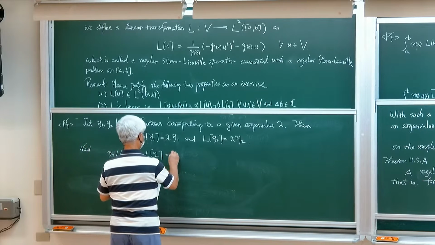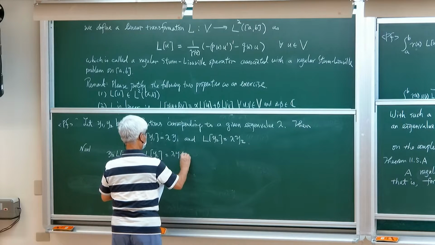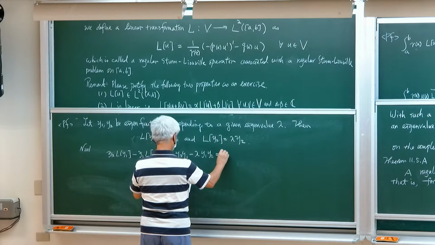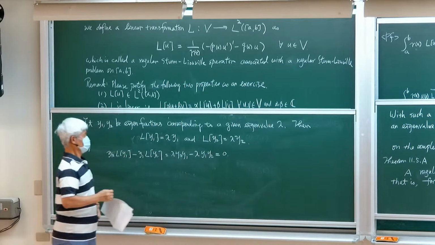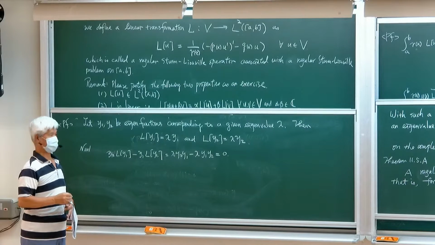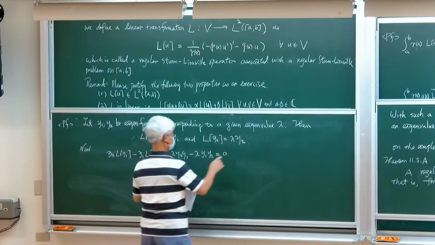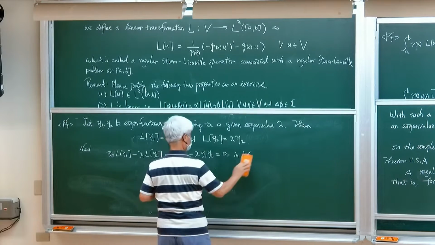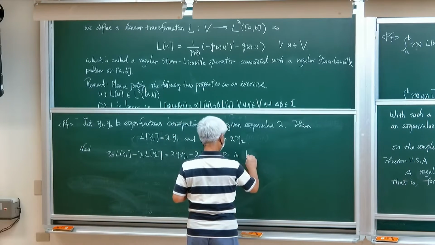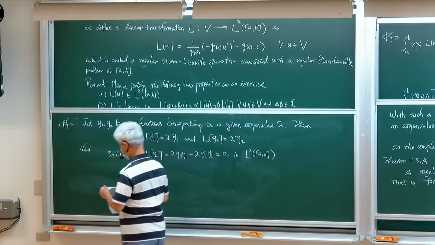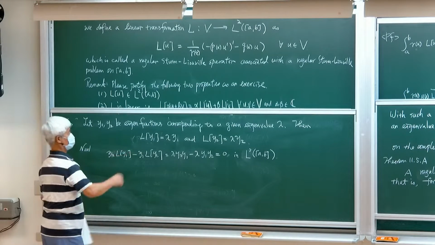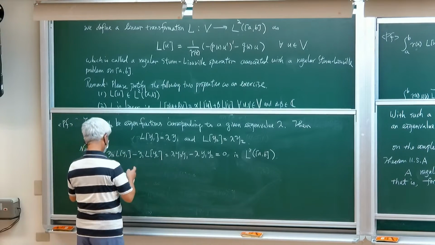Then this is lambda y2 y1 minus lambda y1 y2. So they are 0, in V, in L2. So they are 0 functions.